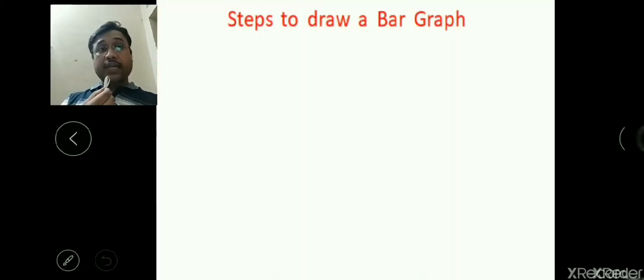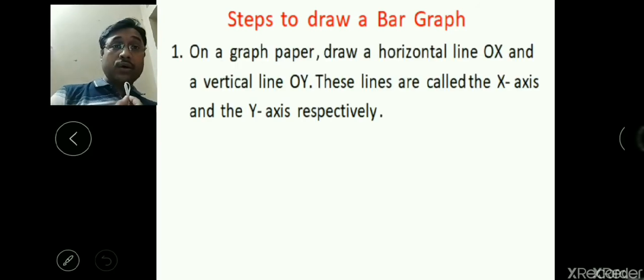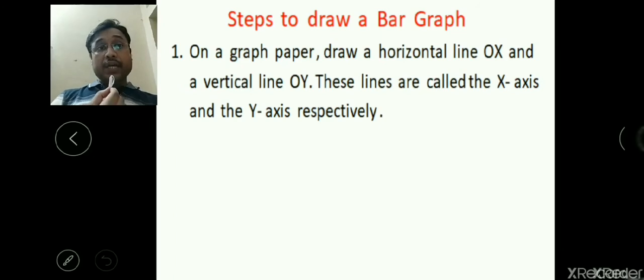Then the question arises: what are the steps to draw a bar graph? This is also very important. First, take a graph paper and draw a horizontal line OX and a vertical line OY.